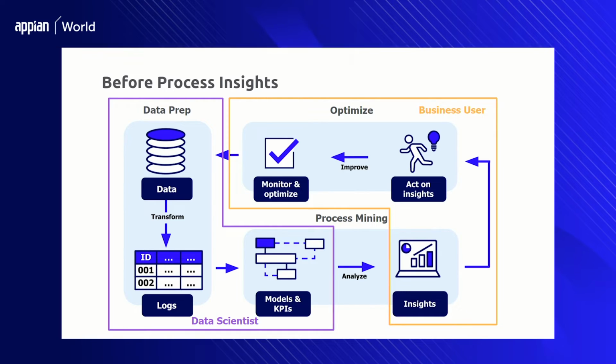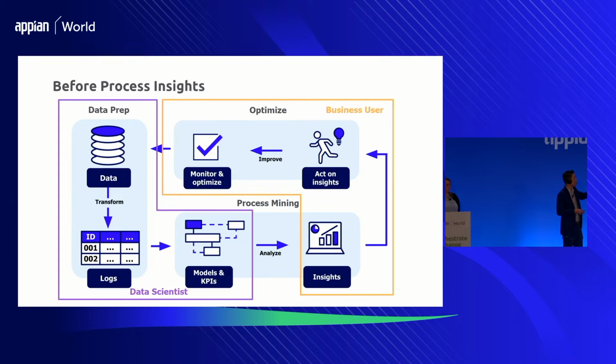Then a business user with business context helps with finding those insights, acting on it, monitoring, optimizing. And then oftentimes the data scientist doesn't have the business context and the business person doesn't have the data science context. This is really the world of process mining before Process Insights.